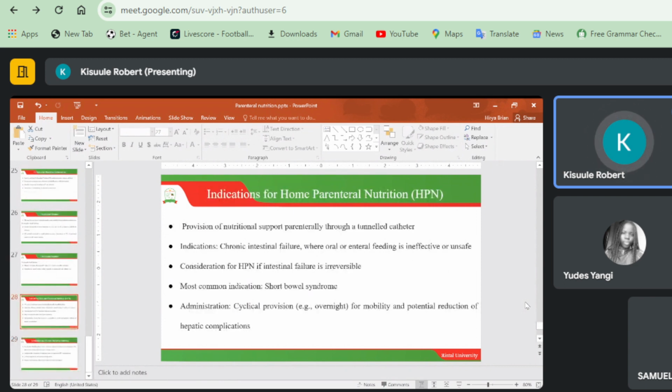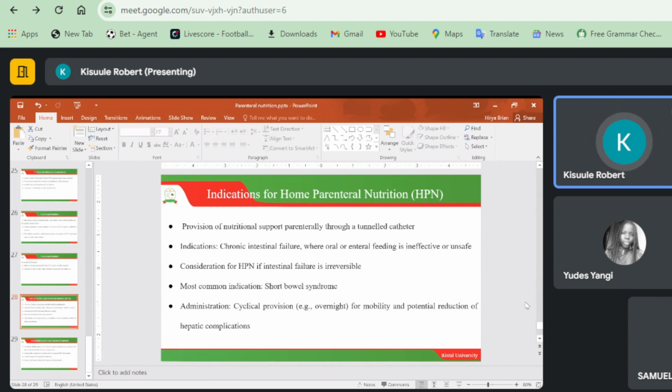Okay, so indications for home parenteral nutrition. Here we are looking at provision of this support through a tunneled catheter. In cases of chronic intestinal failure, where oral and enteral feeding are ineffective and unsafe, we look at parenteral nutrition.